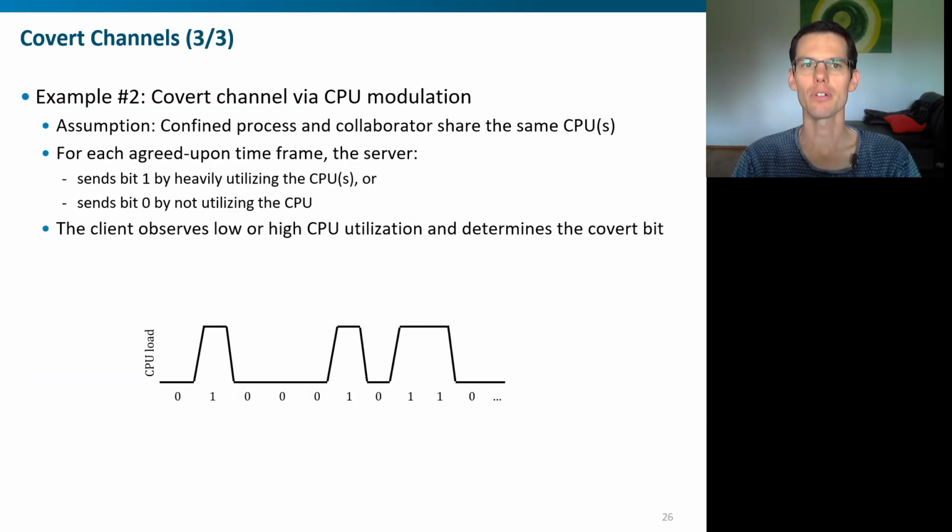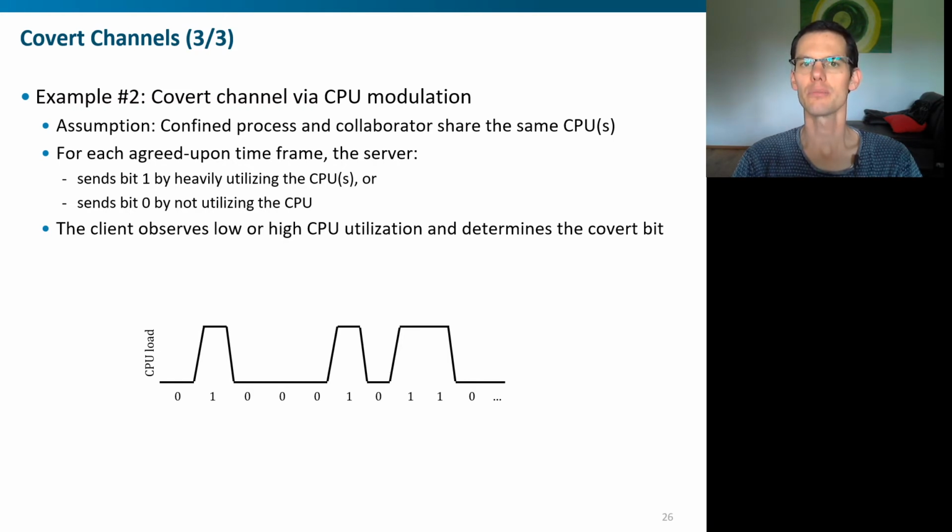Another perfect example of a covert channel is CPU modulation. Unlike with the file locking example, we're not locking files now, but we do lock the CPU kind of in a way. So the server process who wants to leak data, instead of locking files, it heavily utilizes the CPU to leak a 1 bit, and to leak a 0 bit, it would not use the CPU at all.